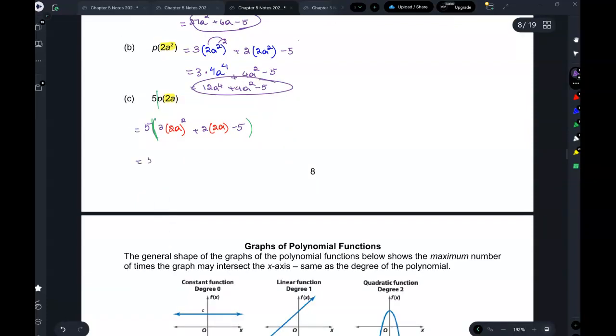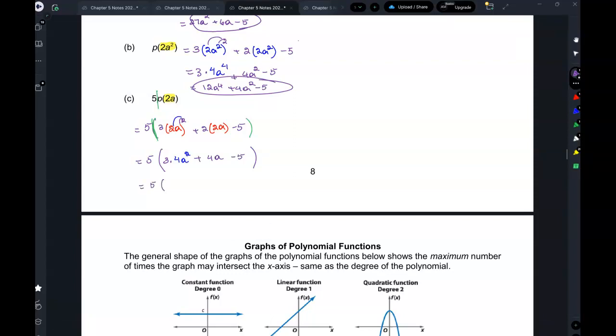So this is 5 times, in parentheses, let's see what we have. 3 times, I distribute this. 2 squared gives me 4a to the power of 2a squared, plus 4a minus 5.